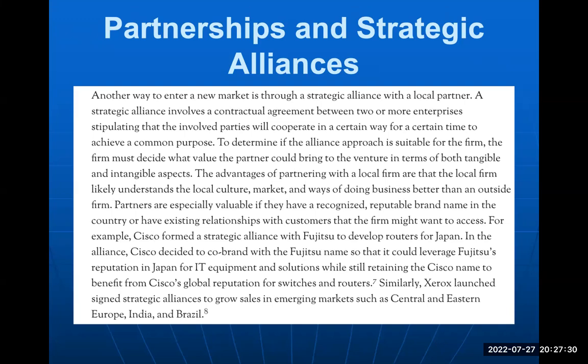And it would make perfect business sense for the two of them to form a partnership to achieve a business objective. All right, so this is another way a company might enter a new market or participate in international trade. Is it clear?